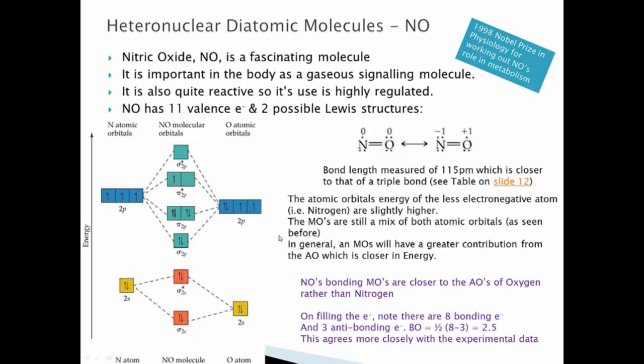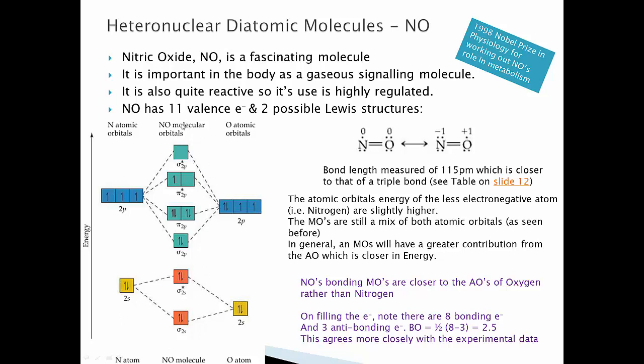So let's have a look at the molecular orbitals. We've got our nitrogen, 2s2, 2p3, and our oxygen is 2s2, 2p4. You can see the energy diagram here. Our oxygen atom has lower energy than our nitrogen atom.